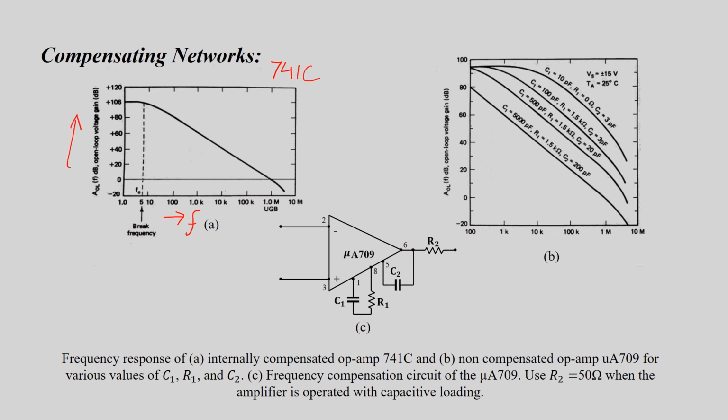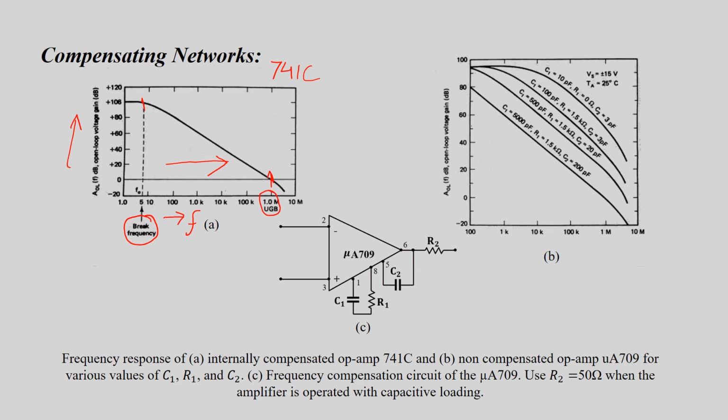We can see, as already discussed, the breakaway frequency of this 741 is 5 Hz, and at 1 megahertz, which is the UGB, the gain is 1. That is the reason we have taken this x-axis as a logarithmic scale, because we want a lot of frequencies to be displayed on a single graph.